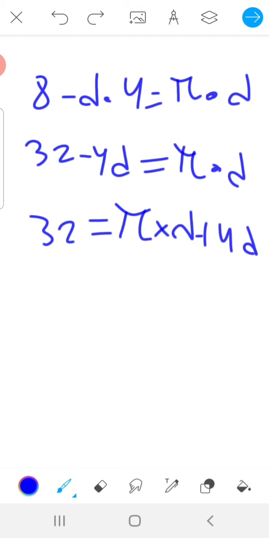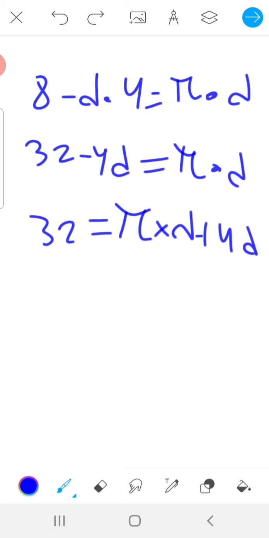Same thing if this was a plus, if it would go this way, it would turn into minus. And with multiplication, if we go this way, it'll turn into division, and the same thing with division over. Okay, so 32 equals pi times d plus 4d.